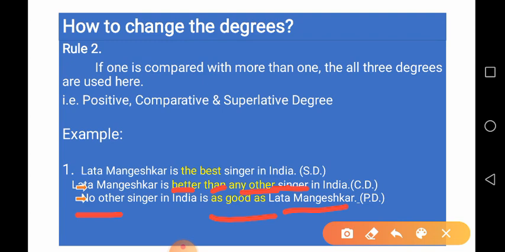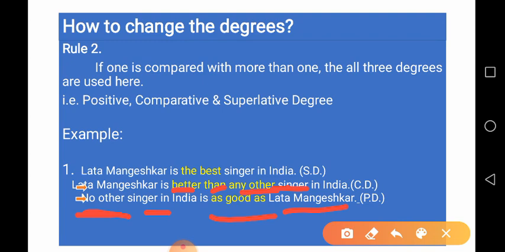So, see, while making the comparative, the changes are: best turns into better, and after than, and after any other. And in the positive, we begin the sentence with no other, and then the second comparative object, singer, and the adjective is written in between as.